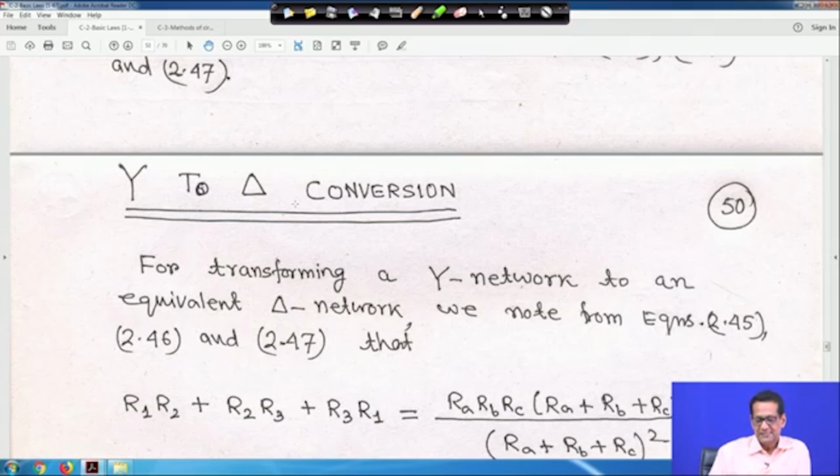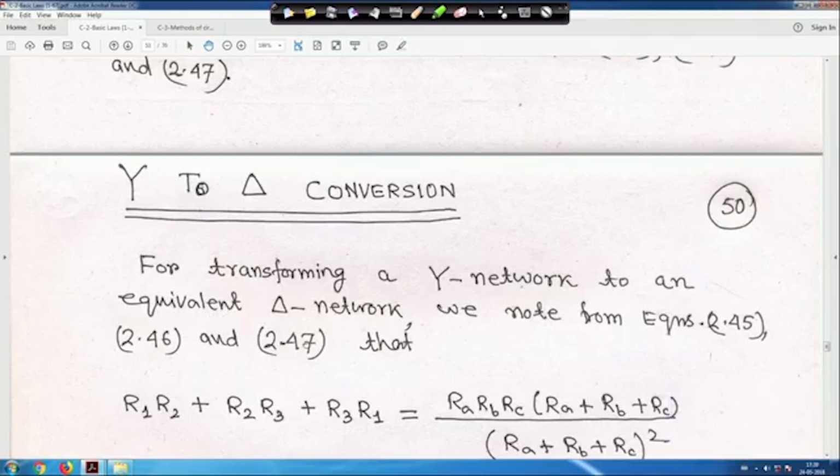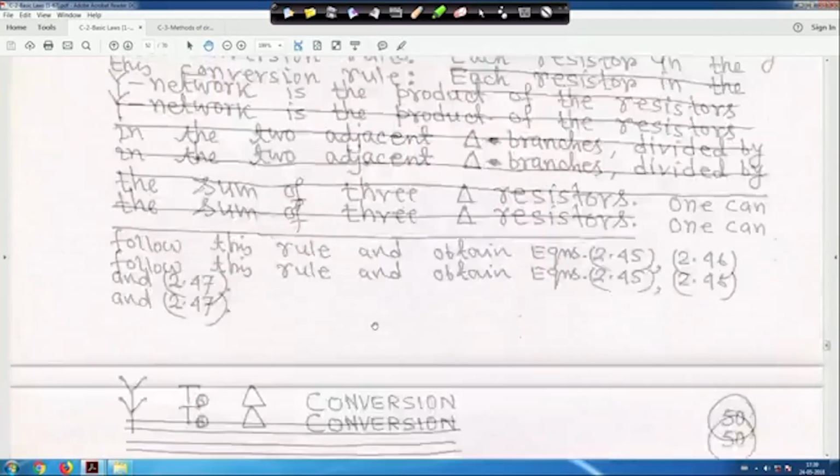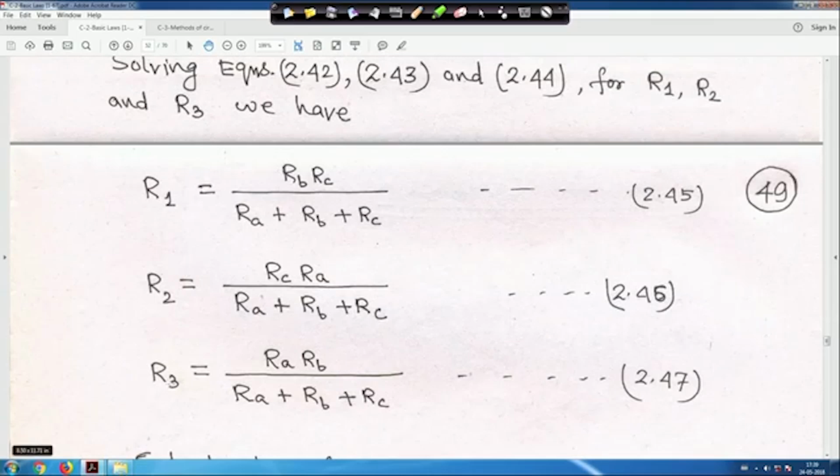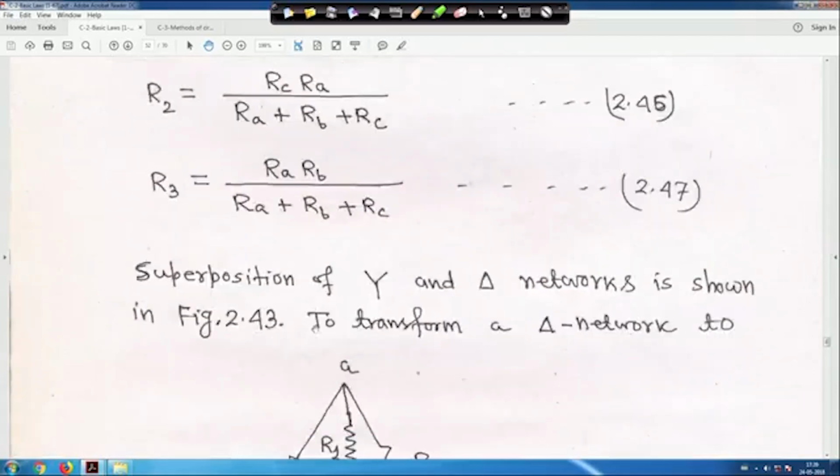For the Y network, the equivalent delta network is made from equations 45, 46 and 47, where we have all three expressions of R1, R2 and R3. You find the sum R1 R2 plus R2 R3 plus R3 R1: multiply R1 R2, R2 R3 and R1 R3 and add.